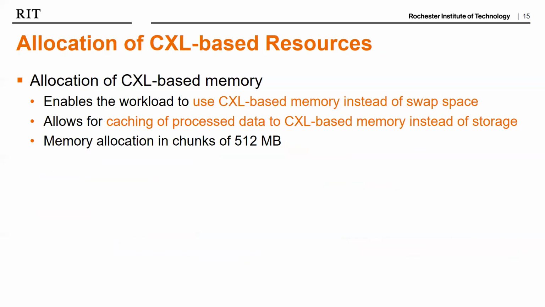The core module is also responsible for exposing CXL-based memory to the deep learning workloads and allowing them to use CXL memory instead of slower swap storage. It also provides a fast alternative to store process data. The allocation is done in chunks of 512 megabytes.